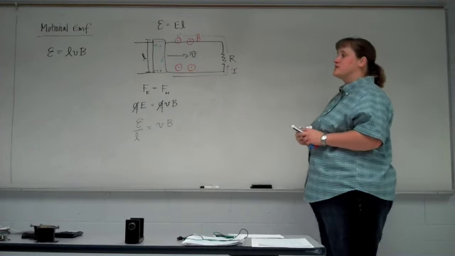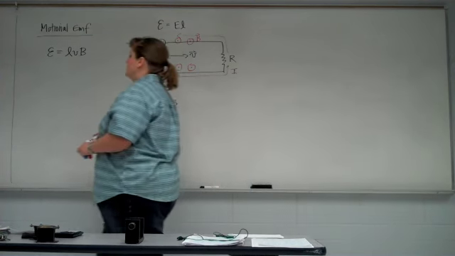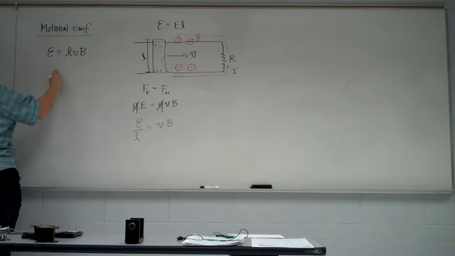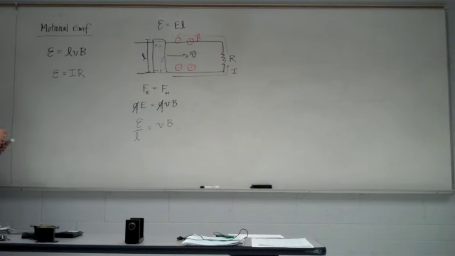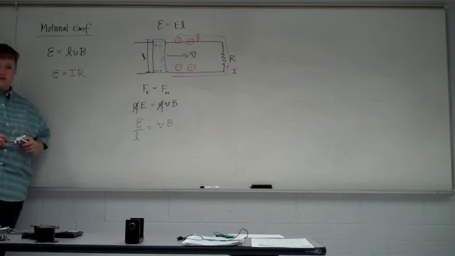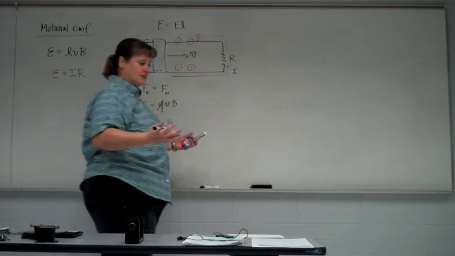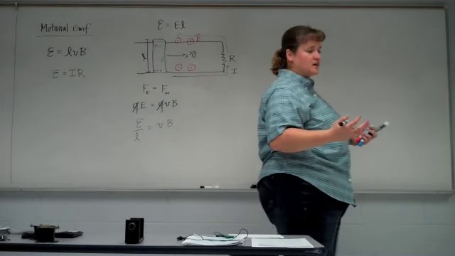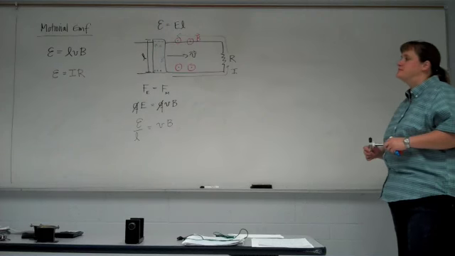And we could simply use Ohm's law. The potential difference, in this case the EMF, is equal to I times R, R being the resistance in the wire. We could figure out how much current was flowing. And that is called an induced current. Because there's no battery, there's no power source, it's all due to the motion of the conductor.